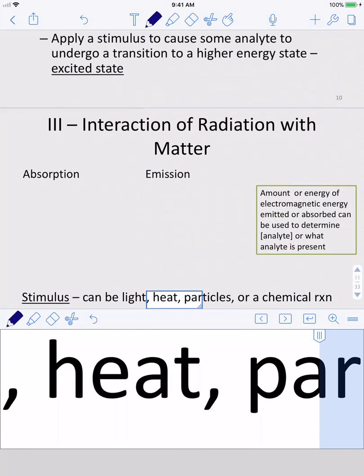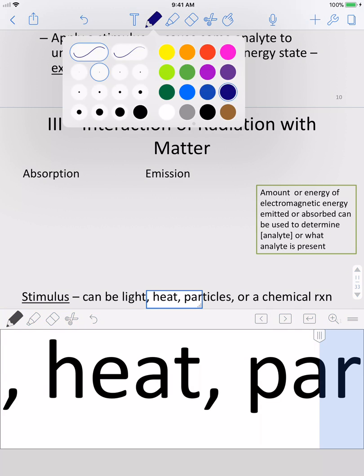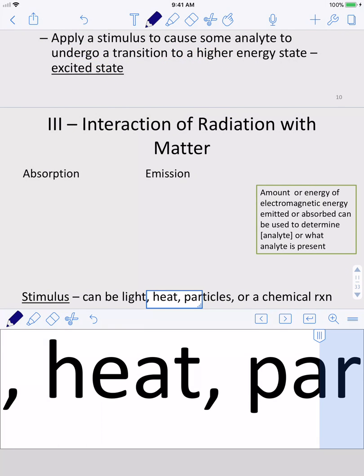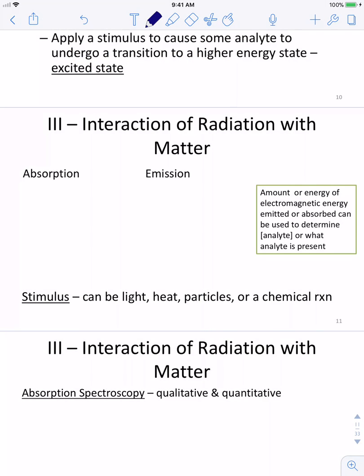So we have absorption and emission here, and in an absorption we're going to look at the incident light coming in, and we have an electron in a molecule or an atom at a ground state, and then we have these excited states up here, and I'm going to just draw it here for emission as well.